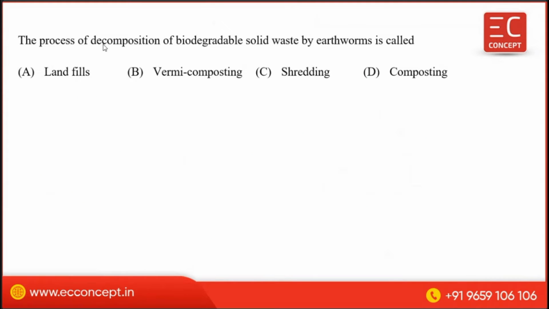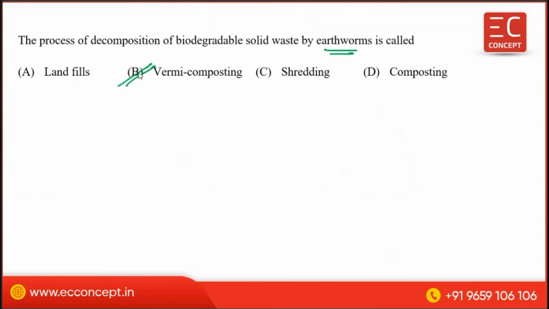The process of decomposition of a biodegradable solid waste by earthworm. It is nothing but vermicomposting. Landfills just dump the waste, while composting involves shredding, cutting, and storing it. Okay, so for vermicomposting the earthworms must be used, whereas in composting we use all the microorganisms. That is the difference between vermicompost and compost.